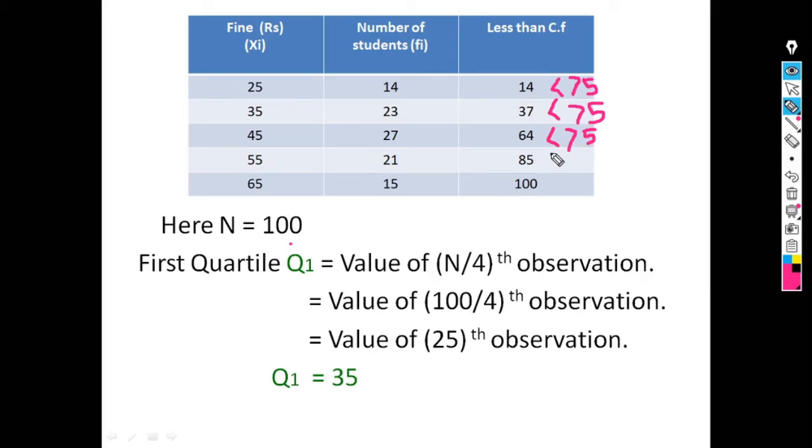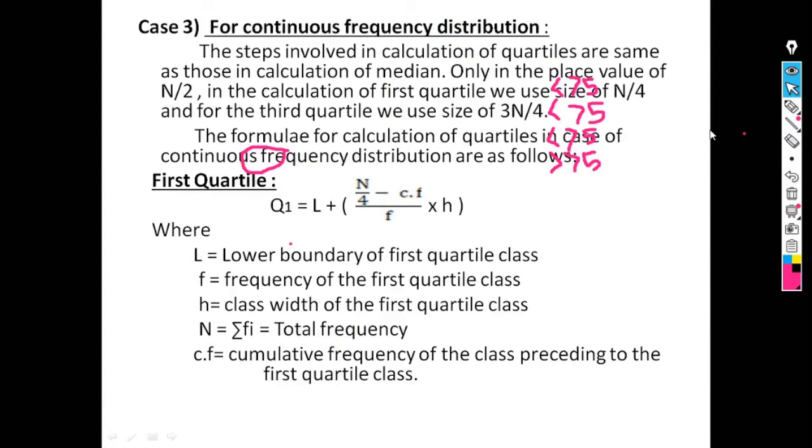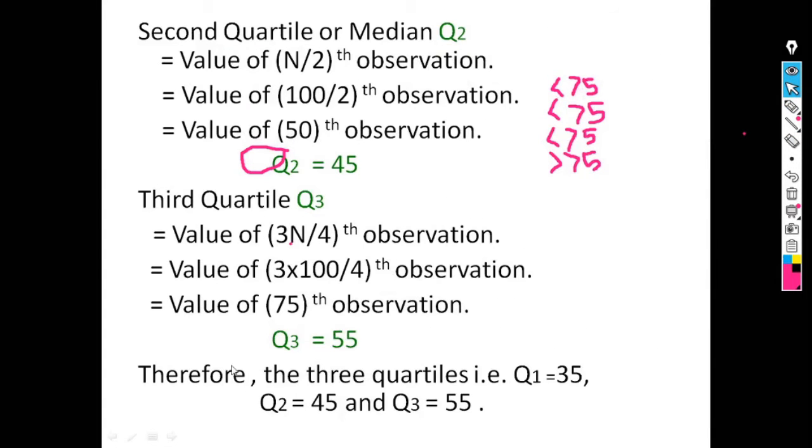And 85 is greater than 75. We have to check the first value which is just greater than 75, that is 85. And the value belonging to the frequency 85 is 55. So the third quartile, or Q3, is equal to 55.